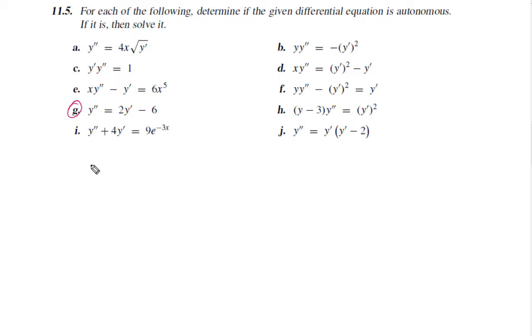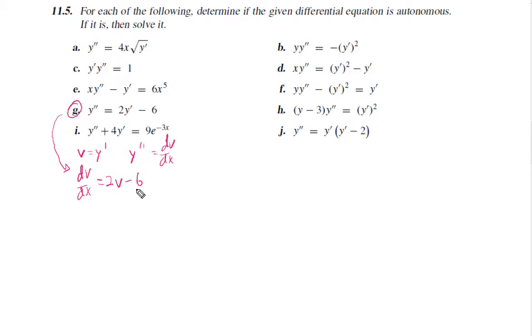So for G, we're going to use our substitution, v equals y prime, which means y double prime would be dv dx. And so our differential equation then becomes dv dx equals 2v minus 6.